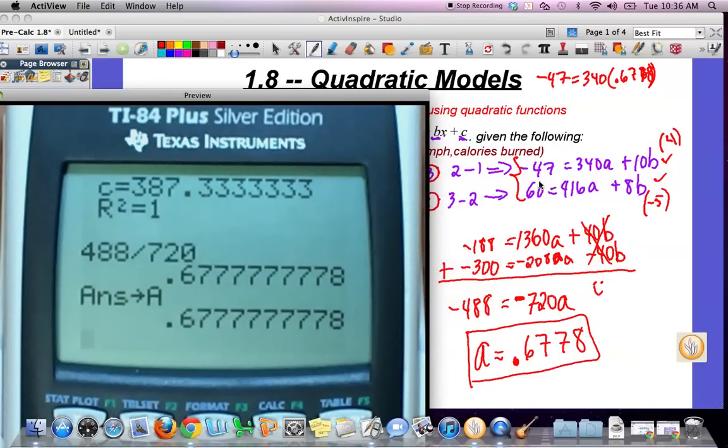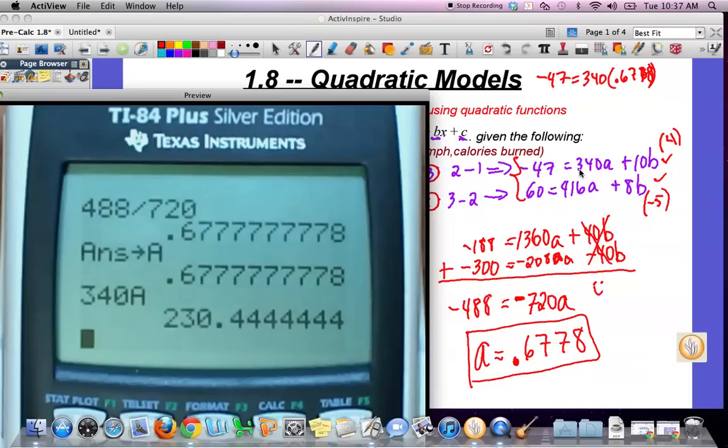So now if I go over here, you guys, here's what I could do. 340 times A. There it is, and I didn't have to approximate.